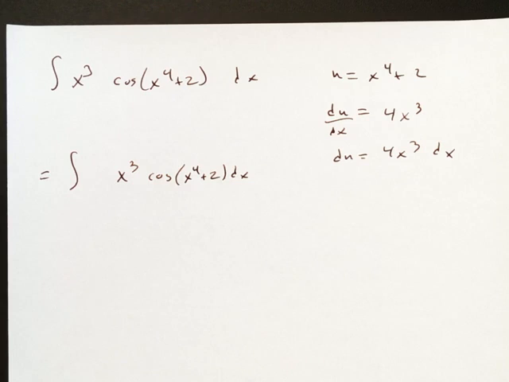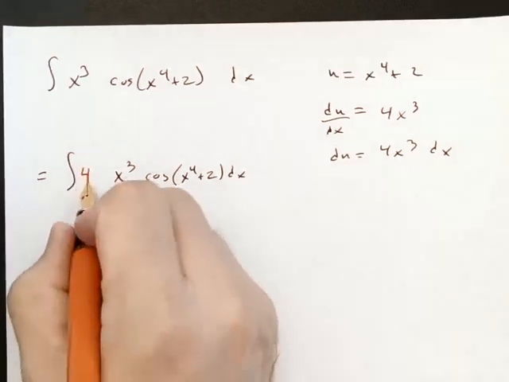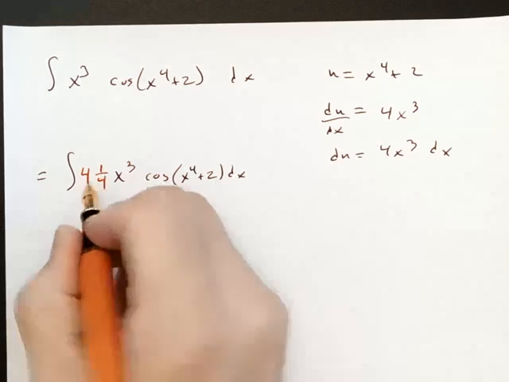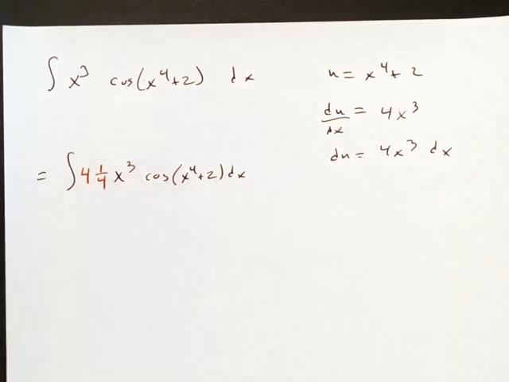So I'm going to multiply by 1. I'm just going to write that 1 in a weird way. I'm going to write it as 4 times a 4th. And then I'll do exactly the same thing we did in the previous problem.